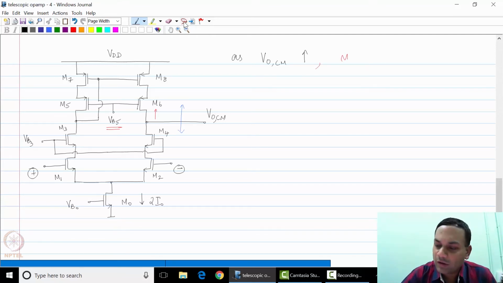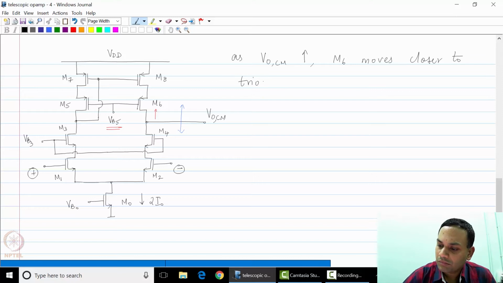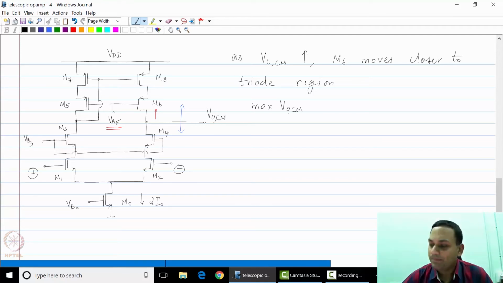M6 moves closer and closer to the triode region. And therefore the maximum value of VOCM is nothing but VB5 plus VT6.